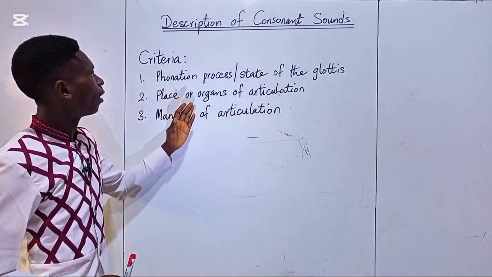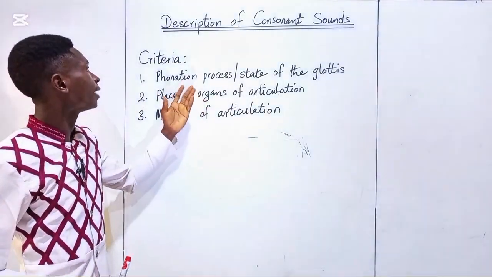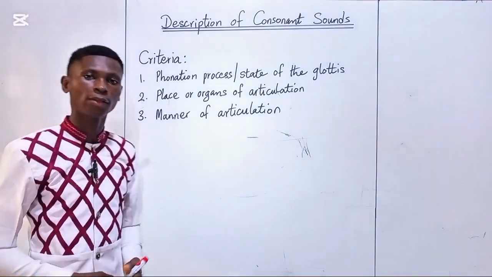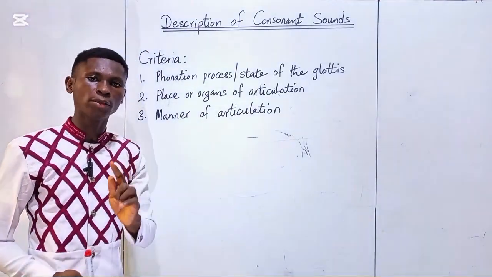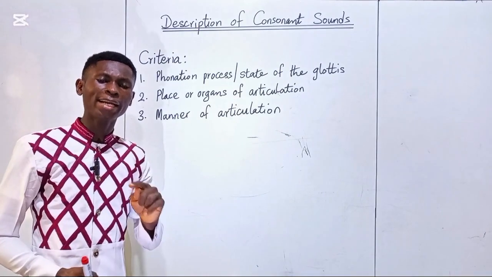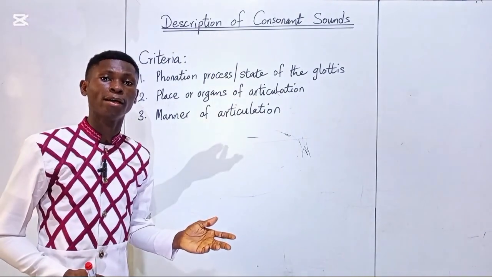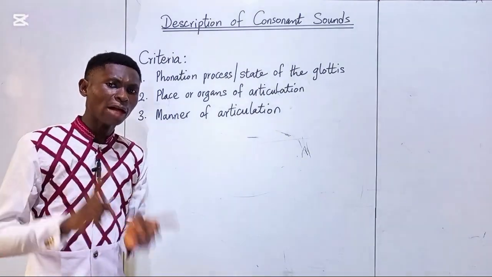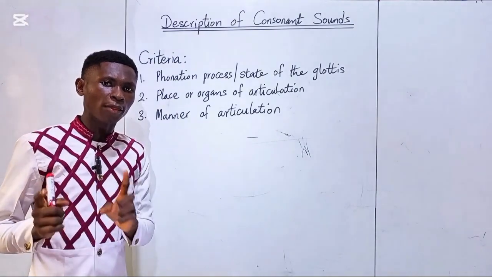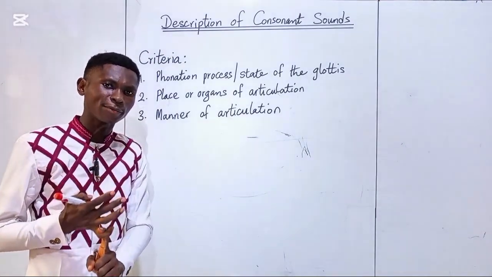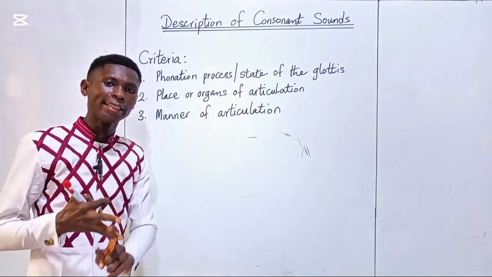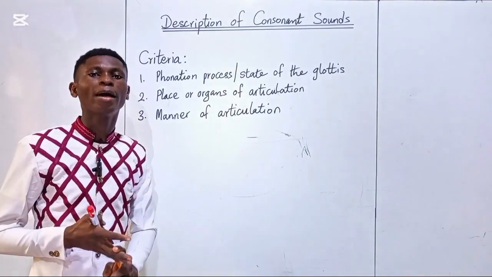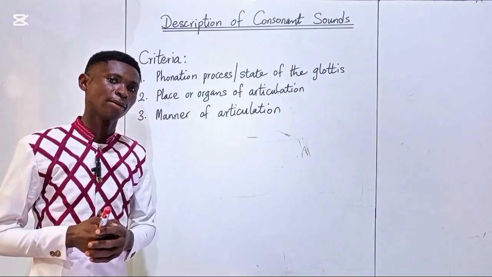Having exposed you to the criteria for the description of consonant sound, I want, at this point, to remind you of the criteria for the description of vowel sounds. For vowel sounds, we said that we have the duration, the height of the tongue, the part or position of the tongue, and the shape of the lips.